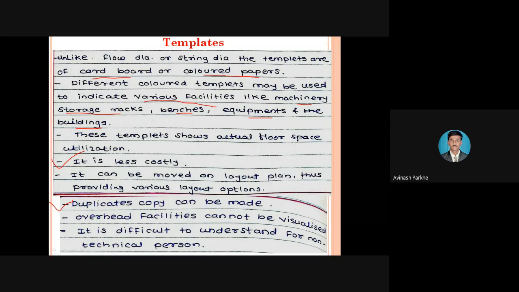But one major advantage is that it is less costly, while the major disadvantage is that it is very difficult to understand for non-technical persons, because they are unaware of the different color codes given to the respective locations, machines or operations.